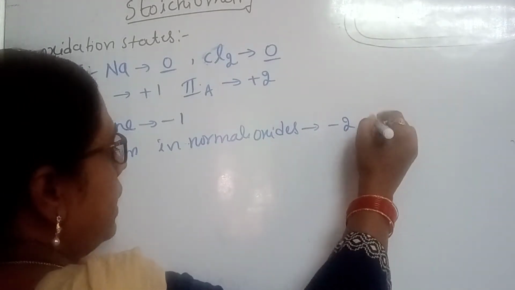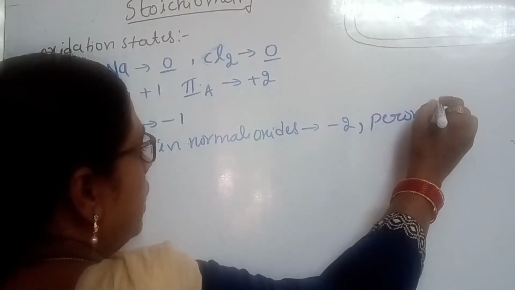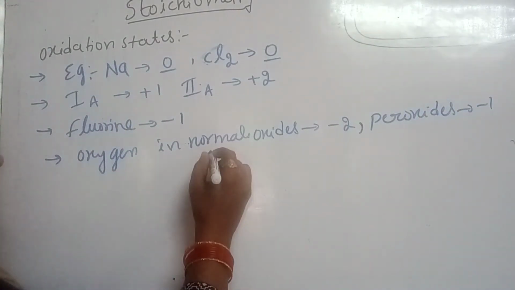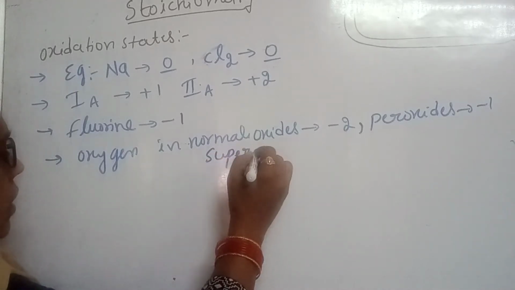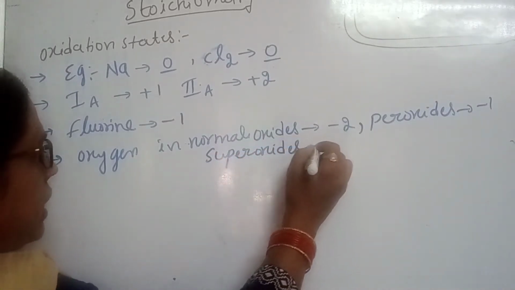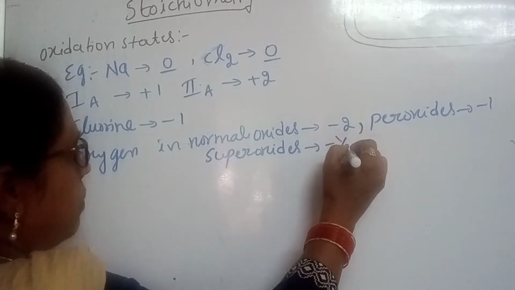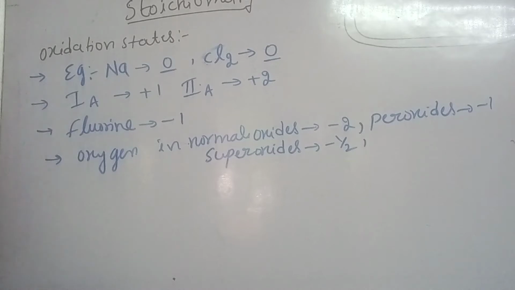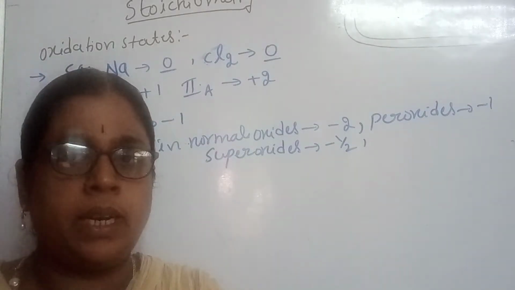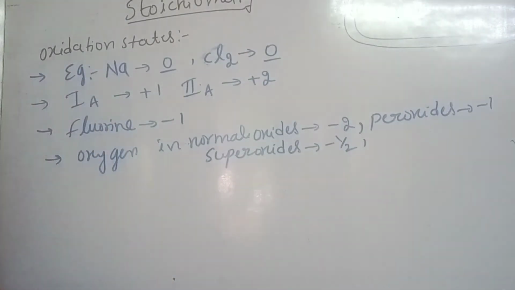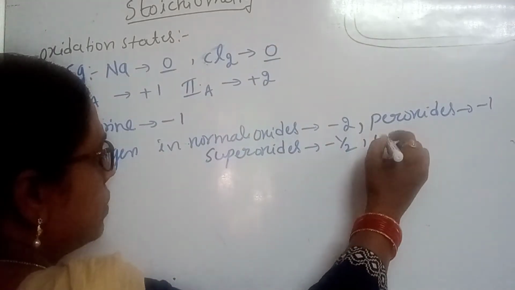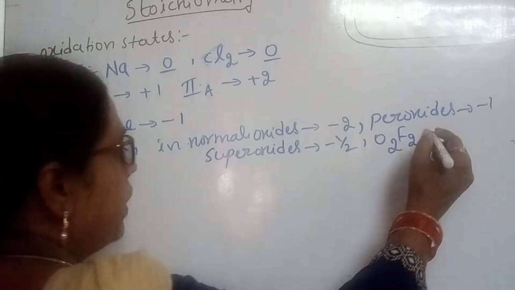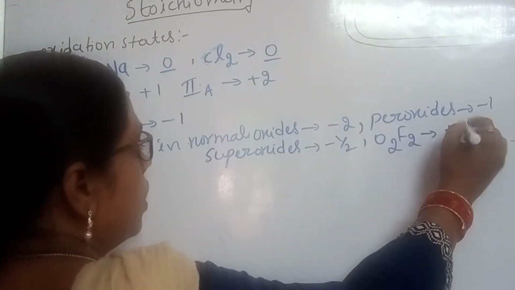In peroxides, the oxidation state of oxygen is -1. In superoxides, the oxidation state of oxygen is -1/2. Oxygen shows positive oxidation states, +1 and +2, only with fluorine compounds. For example, in oxygen monofluoride, O2F2, the oxidation state of oxygen is +1.